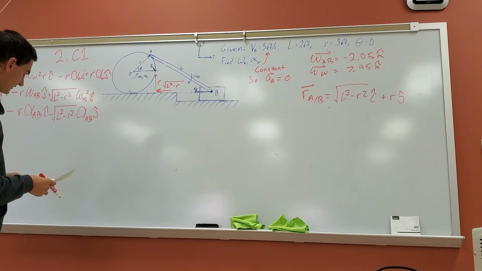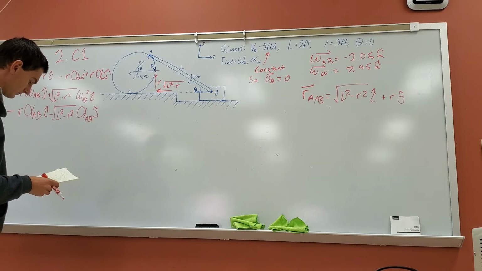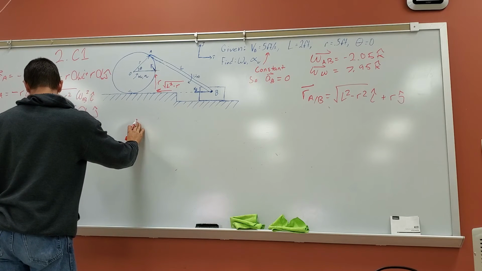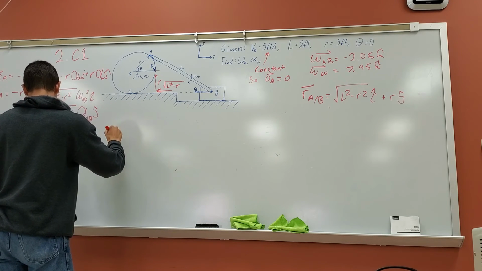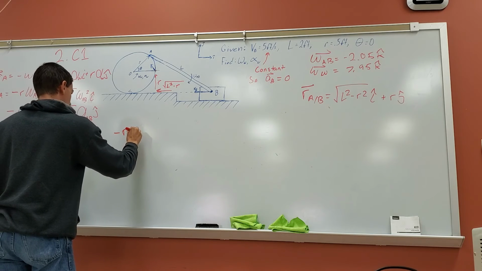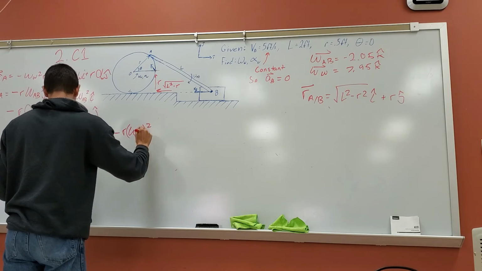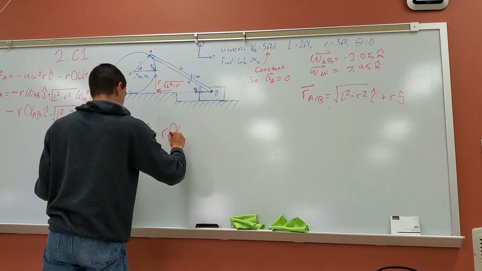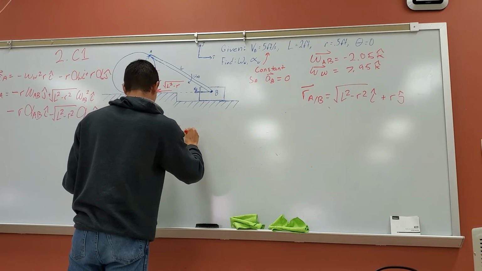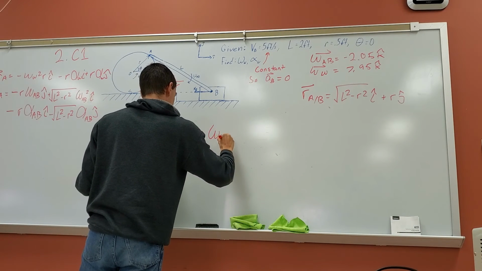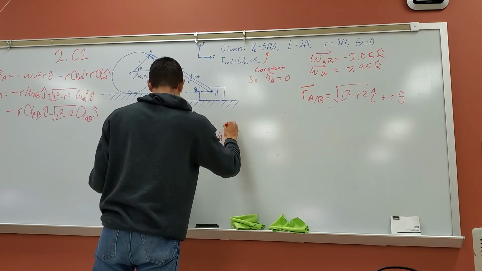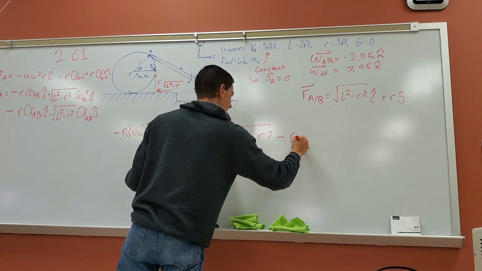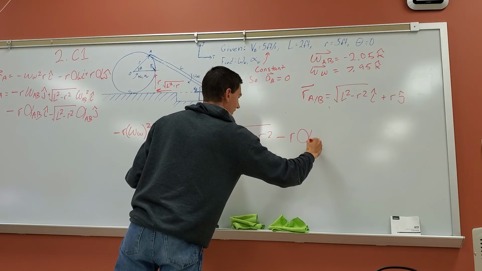And when we combine them, if we combine the I hat direction, you end up with negative r omega of the wheel squared minus r the angular acceleration of the wheel is equivalent to the angular velocity of AB squared by the square root of L squared minus r squared minus r angular acceleration of linkage AB.